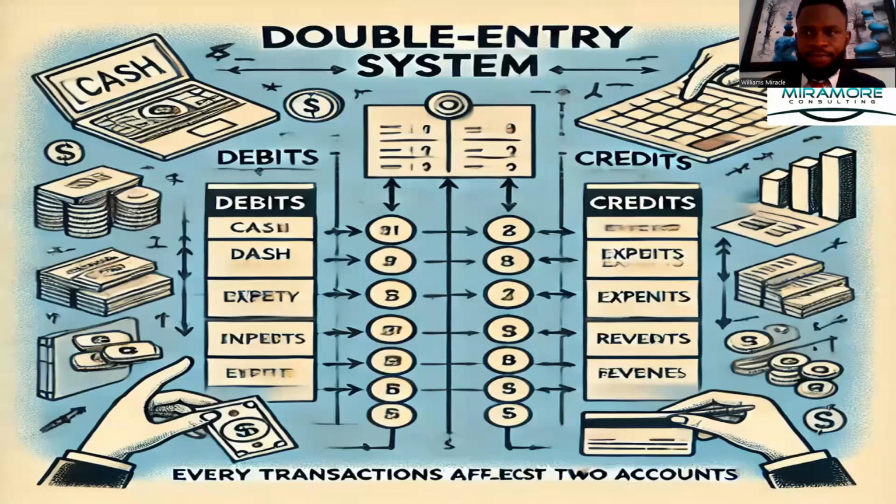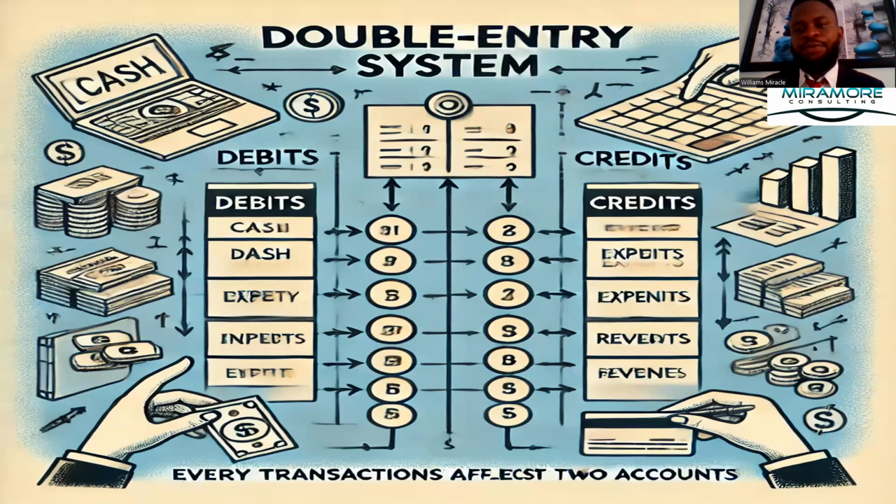Double entry system. At the heart of accounting is the double entry system, which is essentially the practice of recording every transaction twice, once as a debit and once as a credit. What this ensures is that the books remain balanced and that financial statements are accurate.